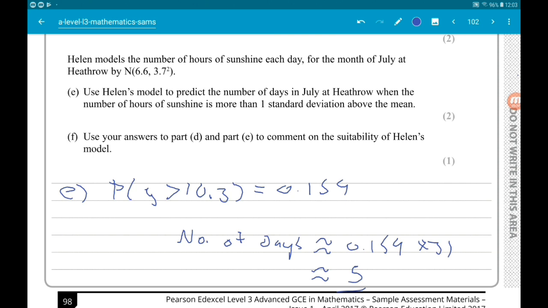Now, in terms of the scale of things, 5 is quite far below 7. So we should say something like that and follow it with, therefore, Alan's model may not be appropriate for this data. Alright, moving swiftly on.